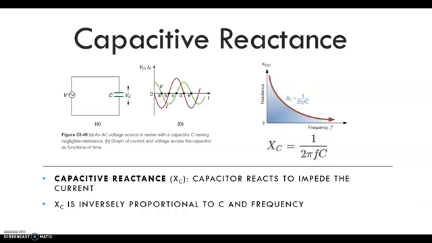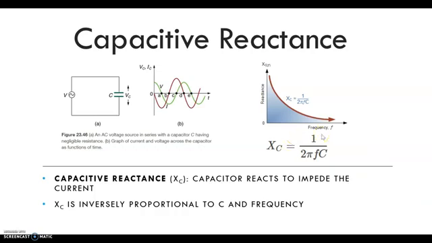So this is the opposite of what we saw on the previous slide. The capacitor is able to change the current, stopping it completely when it is fully charged. And so the larger the capacitor, the greater the charge it can store, and the greater the current that can flow.